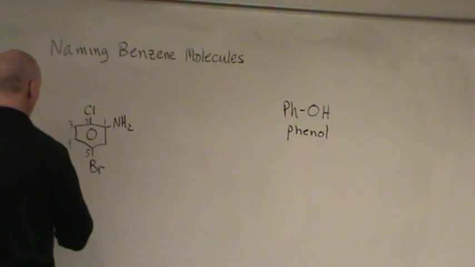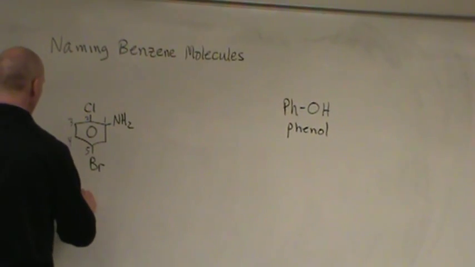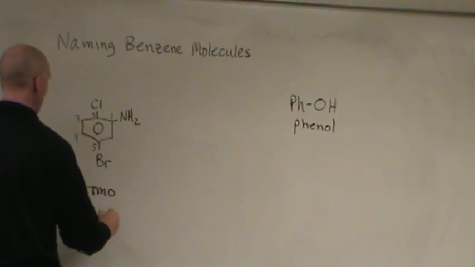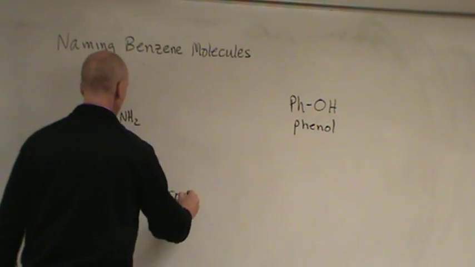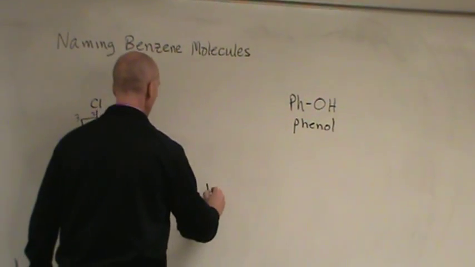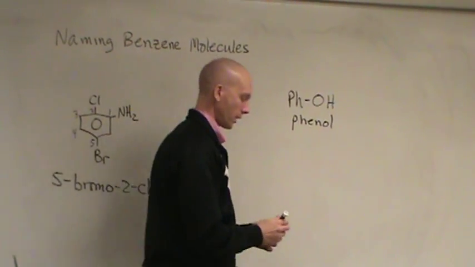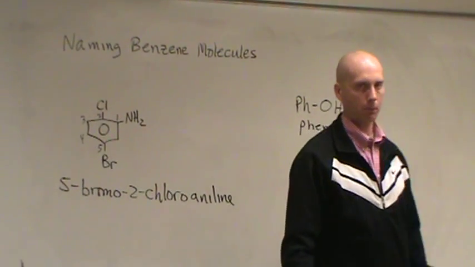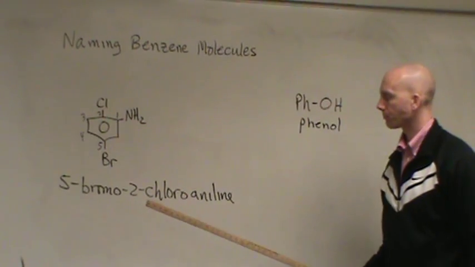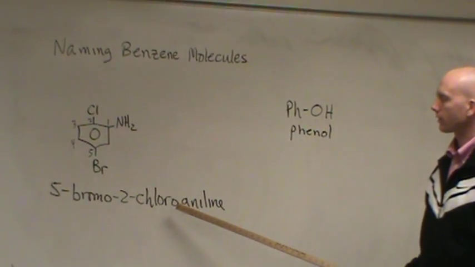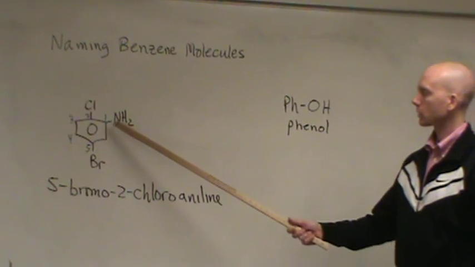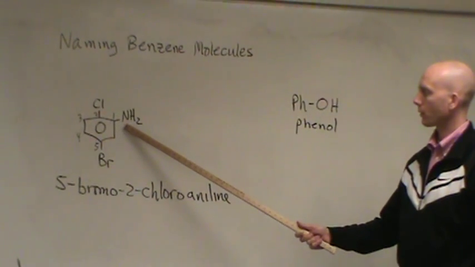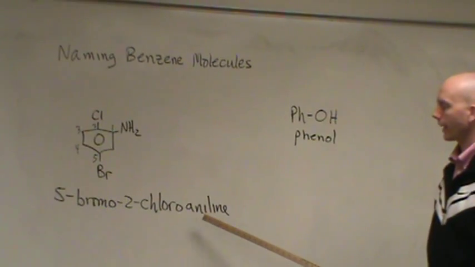So I would then name it as 5-bromo, 2-chloro, and then put on the base name aniline. Okay, 5-bromo-2-chloroaniline.